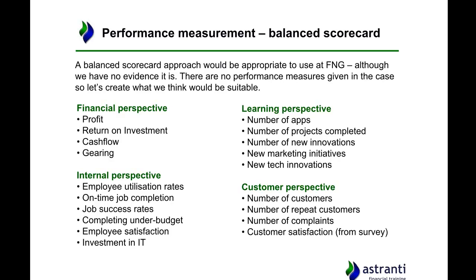So as we want to grow as an organization, as we want to be adding value to our customers, as we want to provide value to our customers, etc., we need to look at the balanced scorecard as an ideal way of measuring how effectively we as an organization are working.